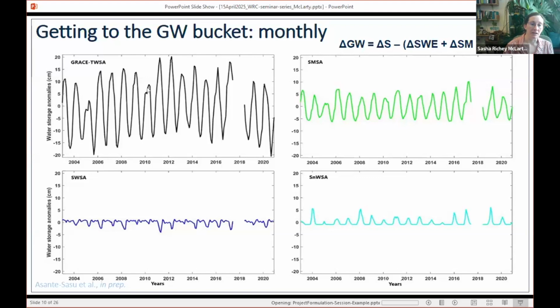And then a few other little dips. Interestingly, the 2015 drought doesn't show up as strongly here as the 2005 drought. And then this gap is just the time between the first GRACE mission ending, actually, and the second, the follow-on, launching. And then we kept that gap consistent with the other data sets.